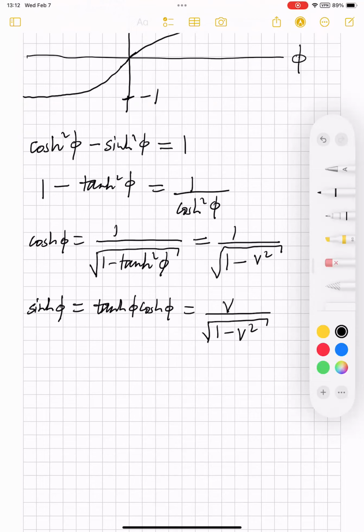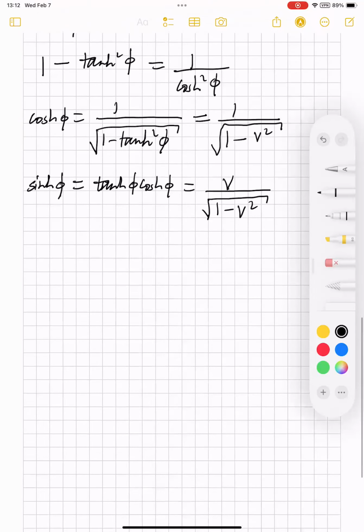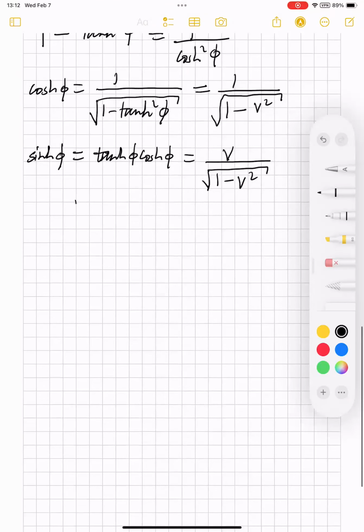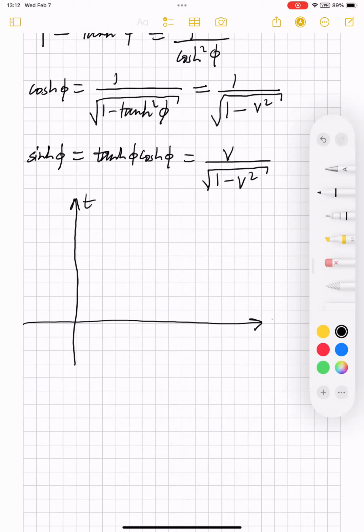Okay, very good. Now I want to draw on the same plane the O reference frame. So here is t, there is x, and I would also like to put on this plot the t prime and x prime axes.